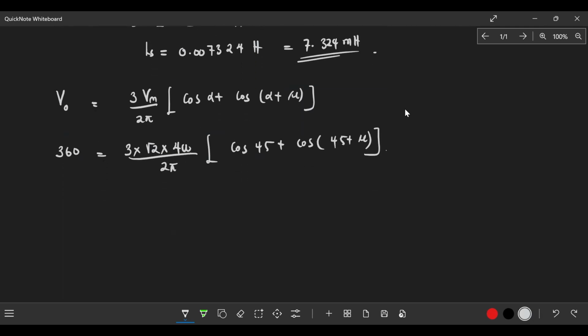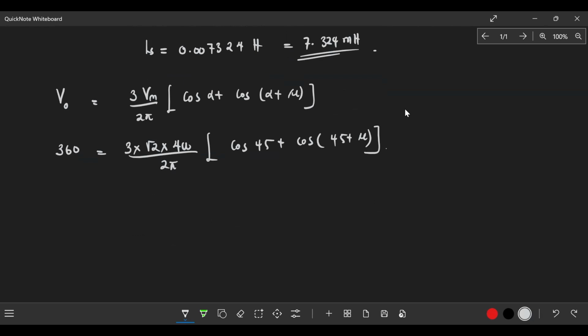Let us quickly solve for this. How many minutes am I remaining with? 6 minutes. Let me hurry up. I'm just doing the cross multiplication here. Cosine 45 plus cosine of 45 plus mu equals 360 times 2 pi divided by 3 times root 2 times 400.